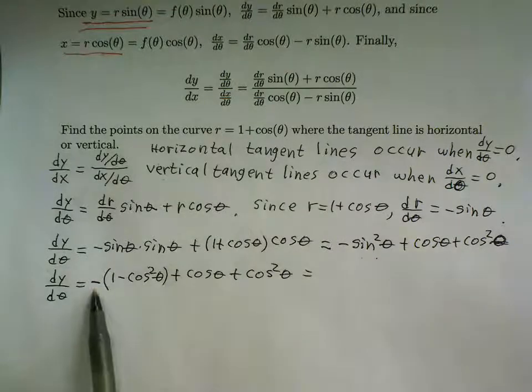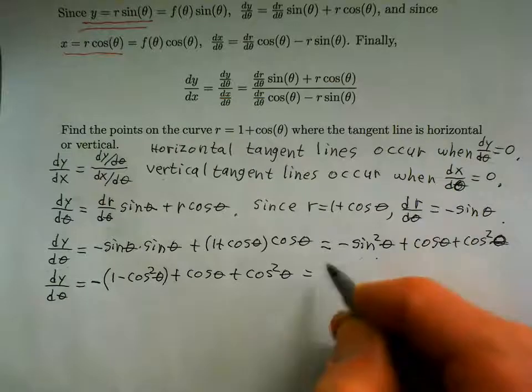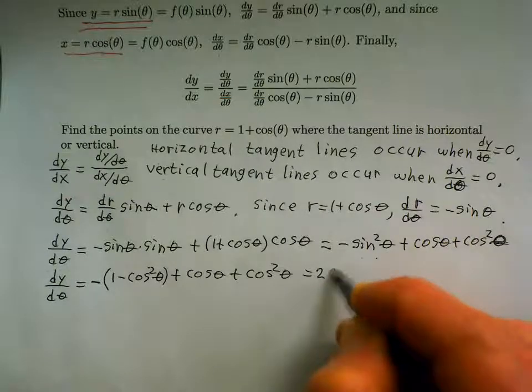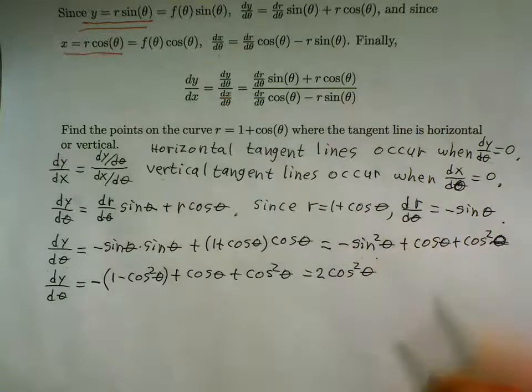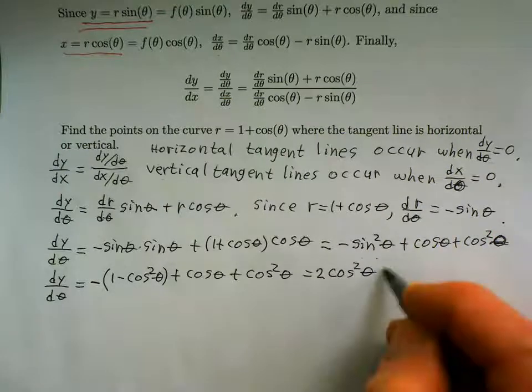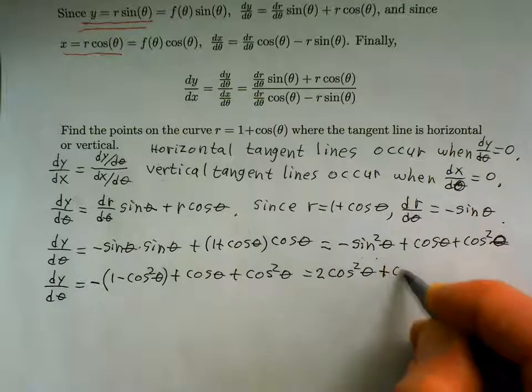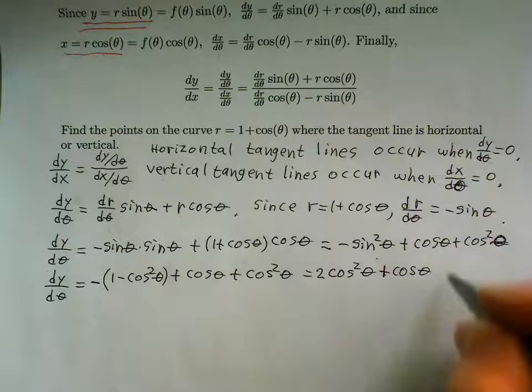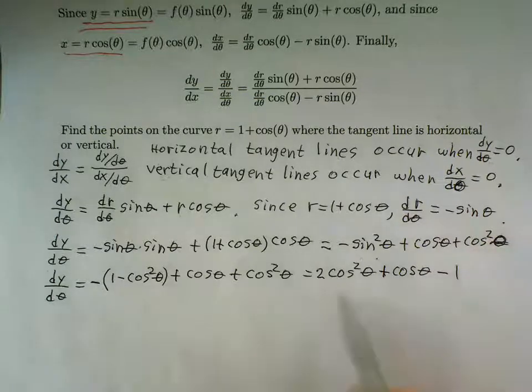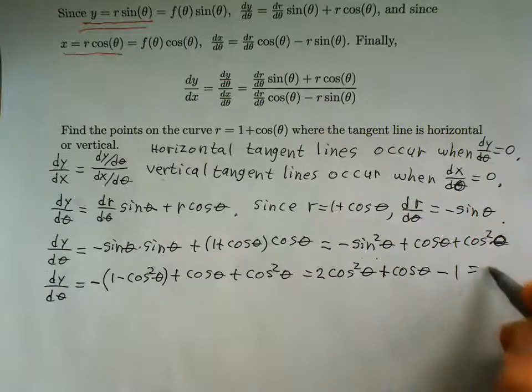And when we do some arithmetic, we're going to find that we have 2 times cosine of theta squared plus cosine of theta minus 1. And now we'll set it equal to 0.